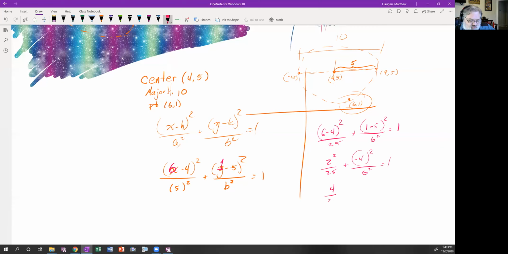So 4/25 plus 16 over B squared is 1. And you could use any set of solving techniques you want, as long as you subtract. 25/25.